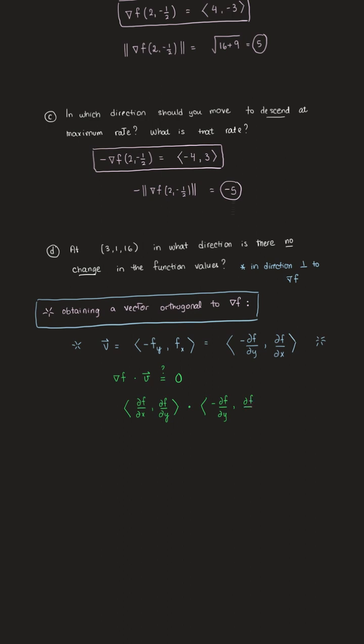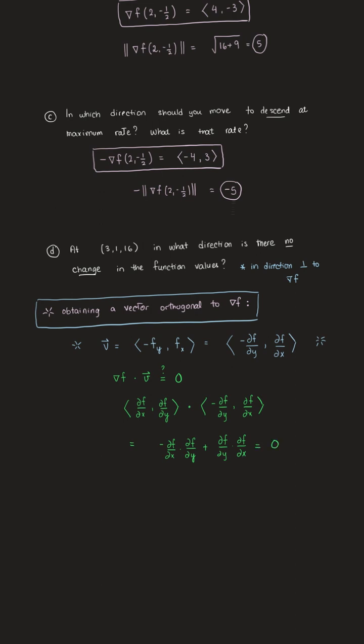That might give us a little bit of a hint that this dot product will be 0. But let's just check. The first components multiplied together will give us negative del f del x times del f del y. And now we're adding the product of the second components, partial with respect to y times partial with respect to x. You can see that these are the same but opposite, and so this will give us 0.